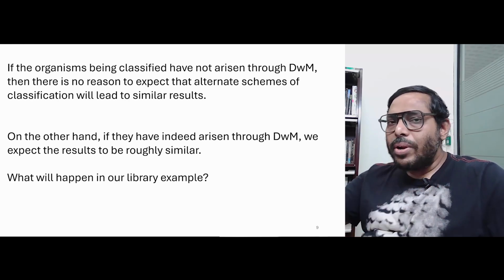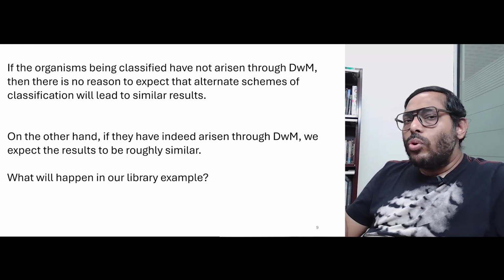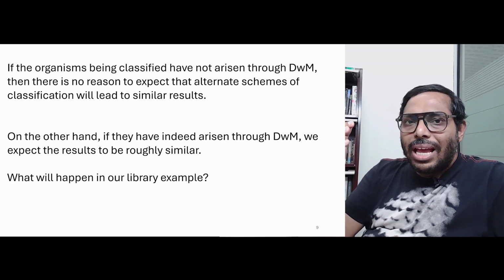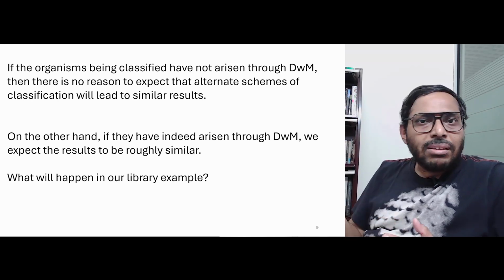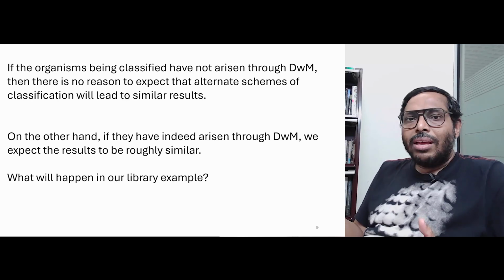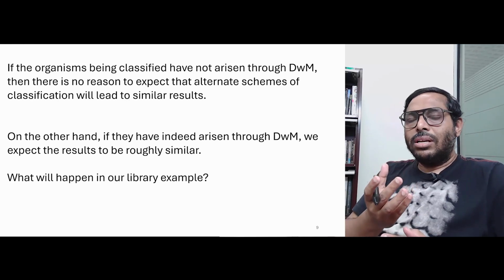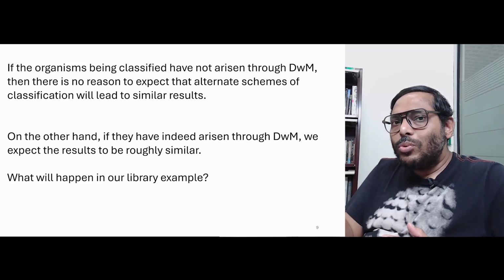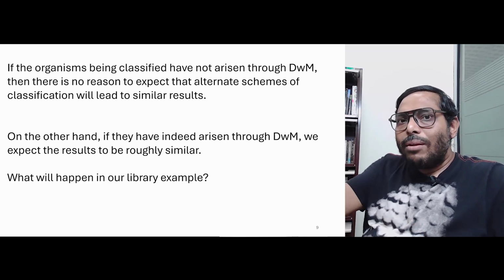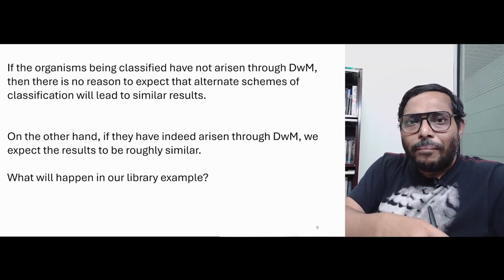Whatever arrangement you now get, do you really expect that to be the same as the arrangement that you get when you arrange them by subject? Obviously not, right. That is because, as we pointed out, the books are actually not related to each other. One book did not give rise to another book.